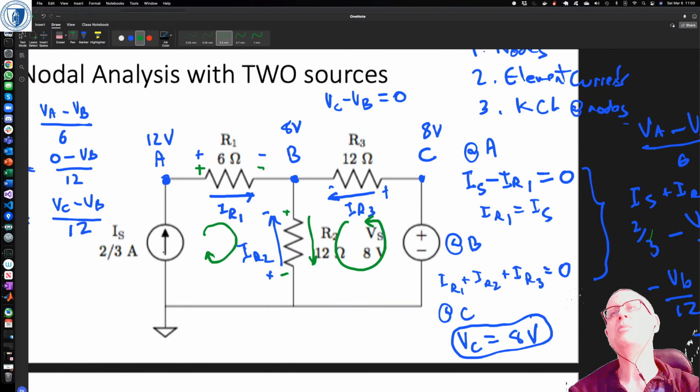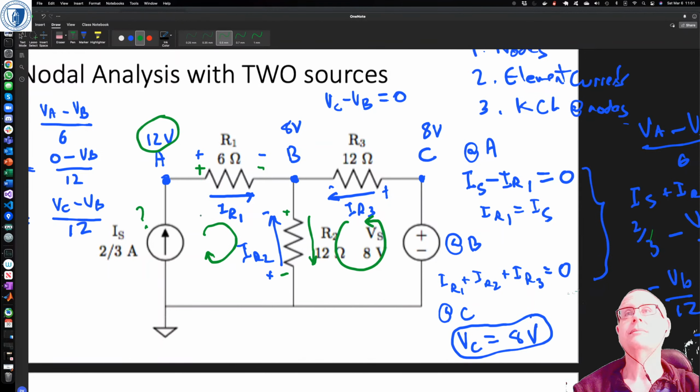We have a slight problem over here in doing KVL because we've got this current source, so we don't know what that's going to be. So it's just going to end up being, well, we know it's 12 volts, right? We've got the value there. And then it's 12, 4, and 8, right? So that ends up being the right value.